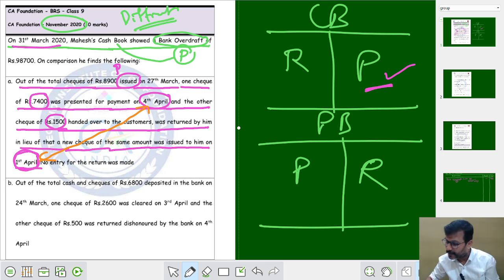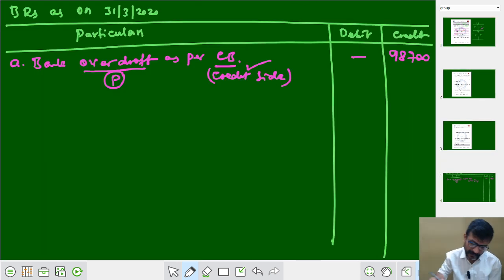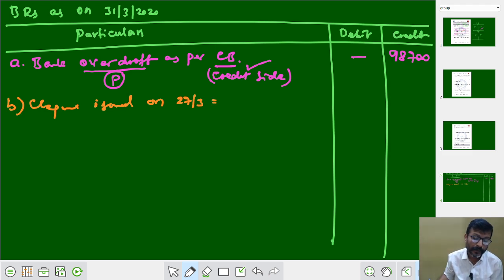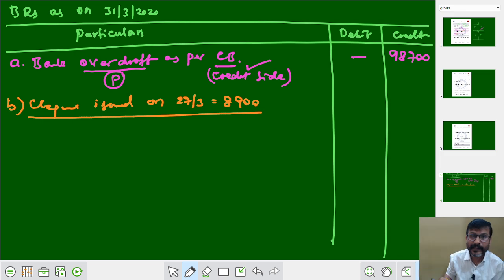So what we have to write? See here, B point. A very big transaction. Checks issued on 27th March, put together how much? 8,900, right?